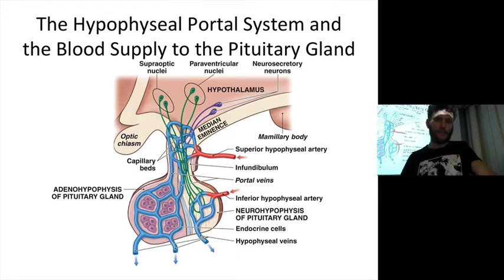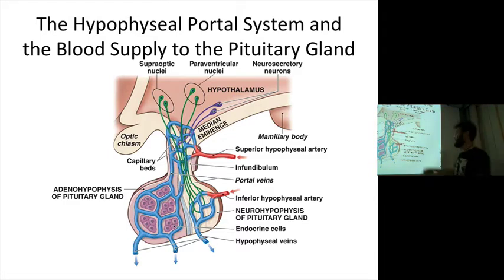All right. So first, the adenohypophysis and the blood supply that makes it all happen. There are two sort of parallel vascular structures that serve the pituitary. And they are supplied by the superior and then the inferior hypophyseal artery. The superior serving the infundibulum and then the adenohypophysis proper, and then the inferior, just the body of the neurohypophysis.